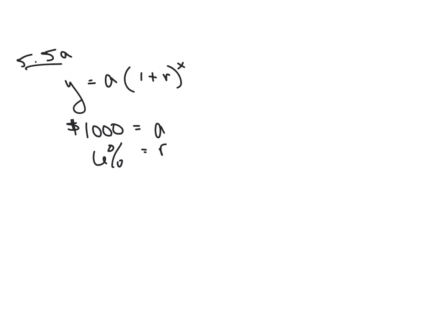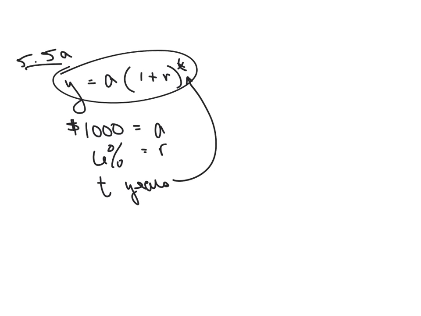That's my R. And the value at the end of T years, that will be my X, and in this particular formula, it will be a T. So we've been given our A, our R, and our T, so that we can find how much money we have after a certain number of years, given this interest rate and this initial investment of $1,000.